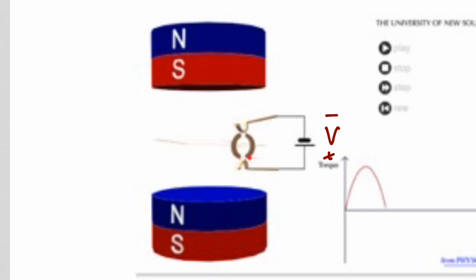But at this point, the commutator comes into play, and you see that the electrical connection is broken between the battery and the current loop, so the current will quit flowing, but because of angular momentum, the loop will keep rotating, and then the connection will be reestablished, but now with the current flowing in the opposite direction.